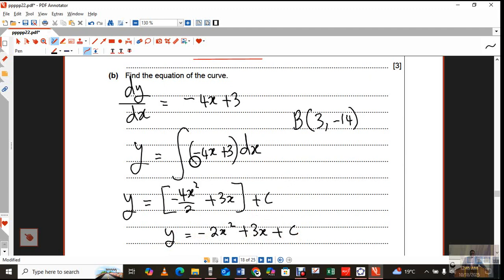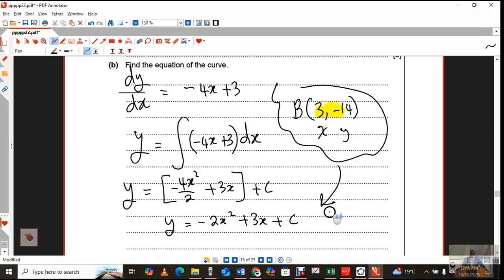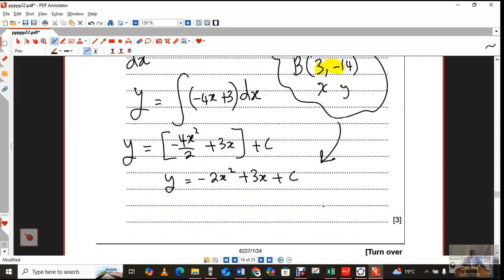In order for me to find the value of c, I need to substitute x and y into this equation. So substituting those points, y being negative 14 equals negative 2 times x being 3 squared plus 3 times 3 plus c.